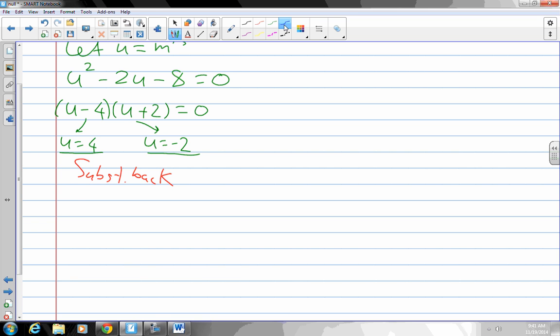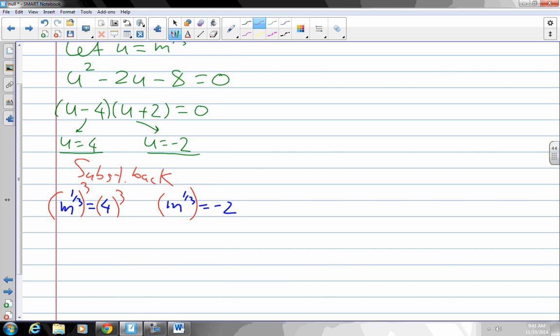So then we have to substitute back. That means we have m to the power 1/3 equals 4. We have m to the power 1/3 equals negative 2. And in order to get rid of the power 1/3, you just cube both sides. Because again, power 1/3 is a cube root. To kill a cube root, we'll just cube both sides.